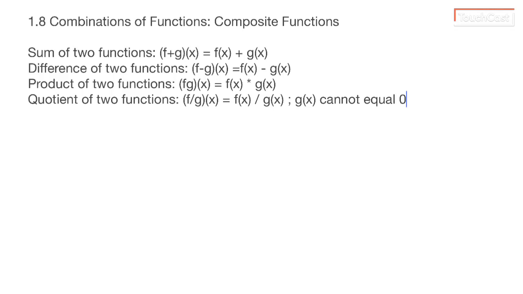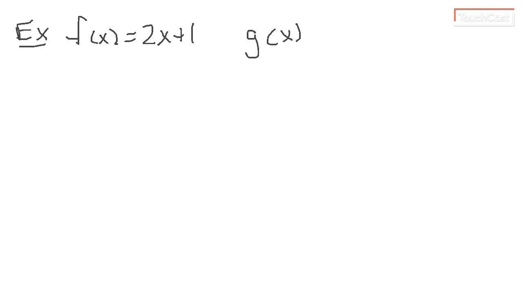So let's look at some examples of how we could find these values, the sums of functions, differences, products, and quotients, and then even evaluate them at certain values. So in our first example, let's say f of x is equal to 2x plus 1 and g of x is equal to x squared plus 2x minus 1.